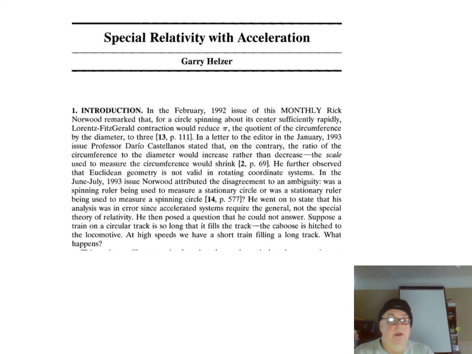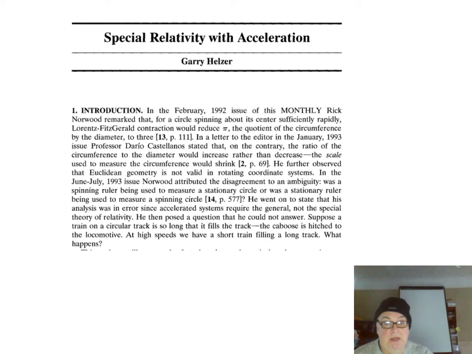So looking at the article, it says, in the February 1992 issue of this monthly, Rick Norwood remarked that for the circle spinning about its centre sufficiently rapidly, Lorentz-Fitzgerald contraction would produce pi, which is the mathematical number, the quotient of the circumference by the diameter, to 3.